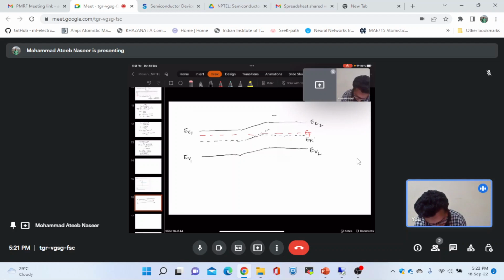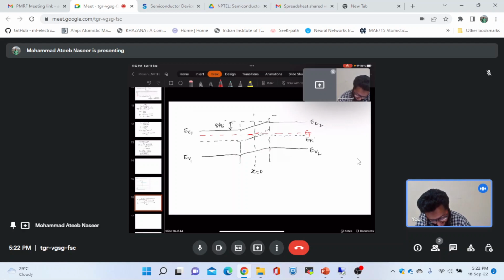So from this band diagram, if I draw the depletion widths, if this is taken to be the origin x equal to 0, then this much amount of band bending has occurred, which will be the built-in potential.